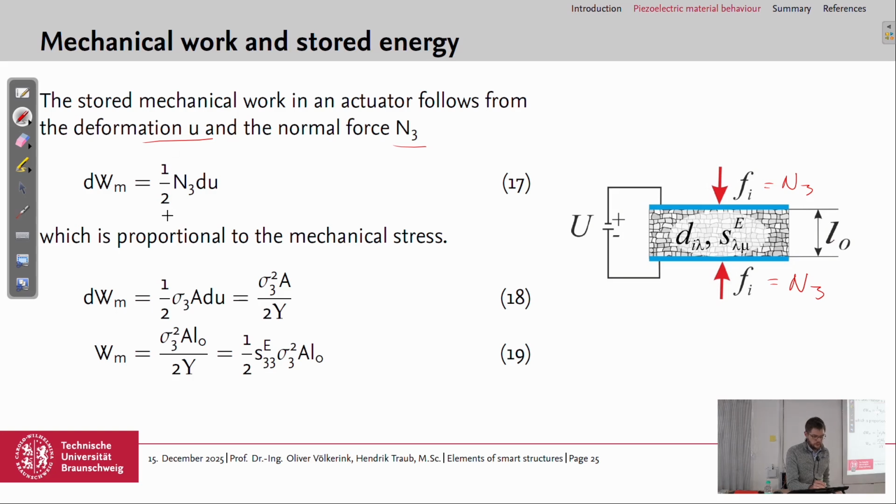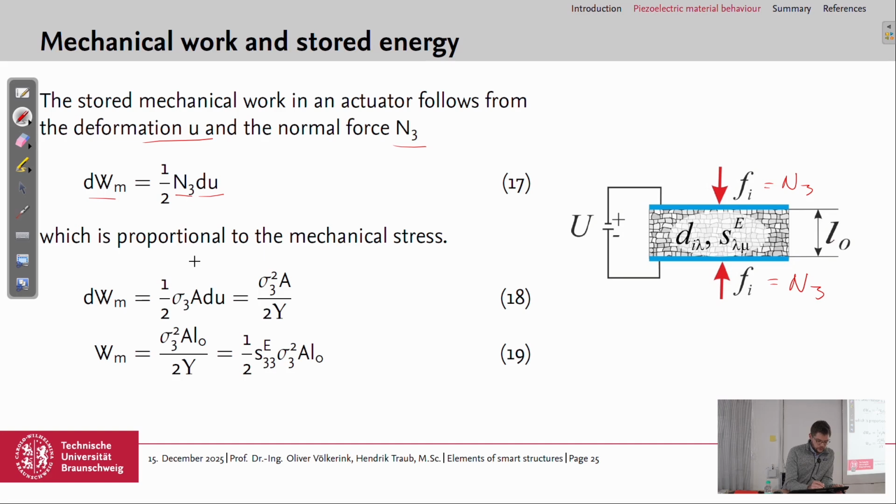So 1 divided by 2 times N3 times dU gives us dWm. So the change or the difference in stored mechanical work.